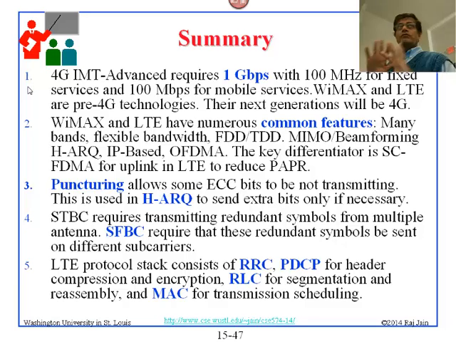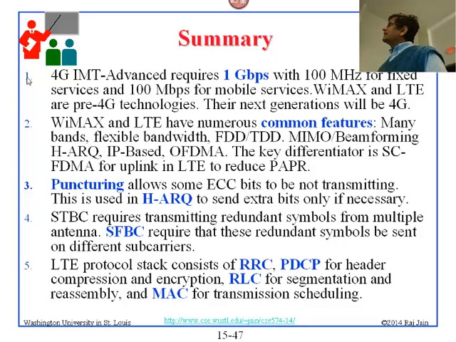Many bands, so both of them work on many bands. So you can take 700 megahertz, or 2.1 megahertz, 3.5 megahertz, and there is a standard for that. Many bands, flexible bandwidth, you could have this much bandwidth, this much bandwidth, this much bandwidth over there.